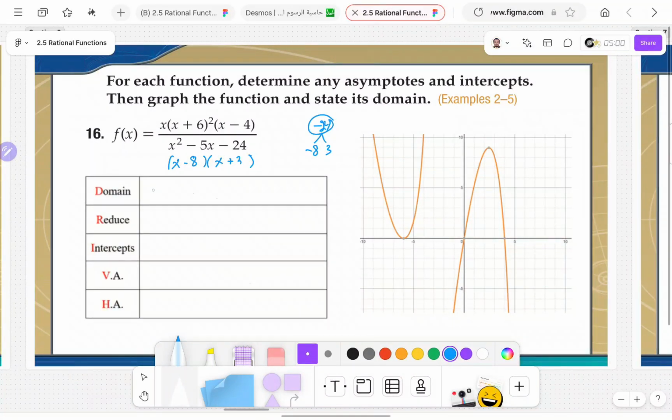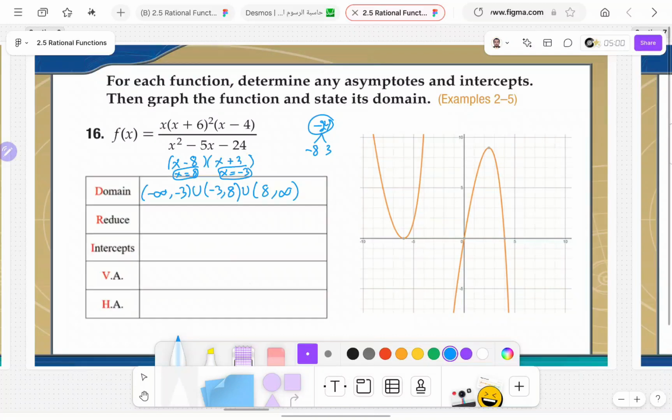Now the domain will be x is not equal to 8 and x is not equal to negative 3. The domain will be from negative infinity to negative 3, not 8, first from the small to the big, negative 3, union, then from negative 3 to 8, union, then from 8 to positive infinity.